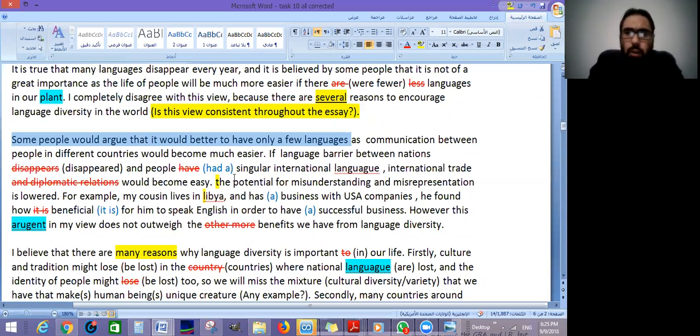Why does this writer have to disagree? Why has it become compulsory for this writer to disagree with this opinion that they're introducing? Why is it compulsory to disagree now?